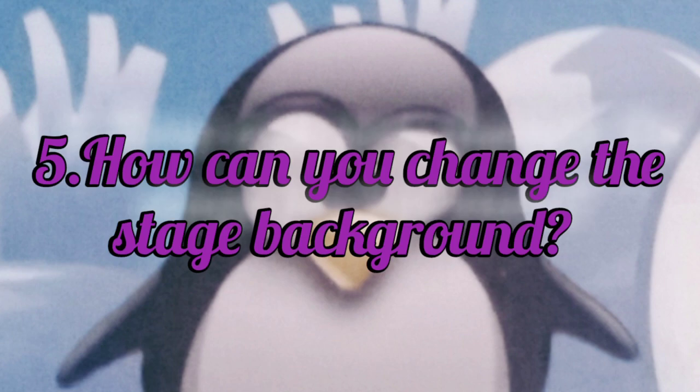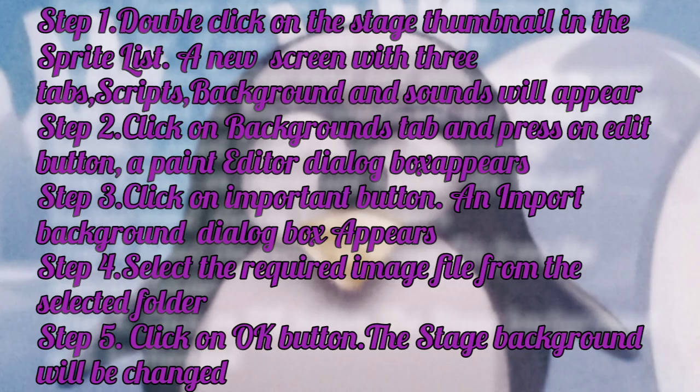Question number 5. How can you change the stage background? Answer. Step 1. Double click on the stage thumbnail in the sprite list. A new screen with 3 tabs, scripts, backgrounds and sounds, will appear. Step 2. Click on the background tab and press the edit button.